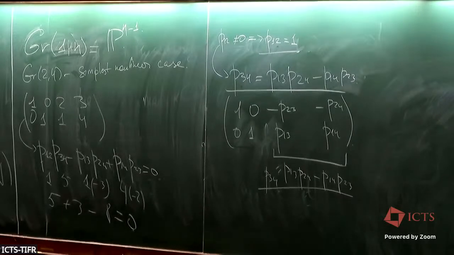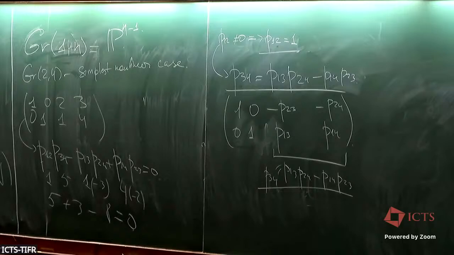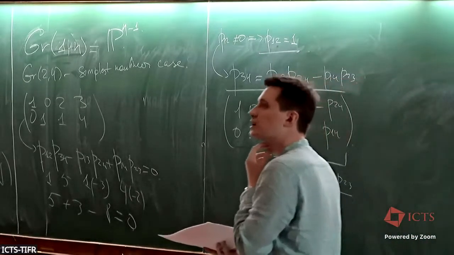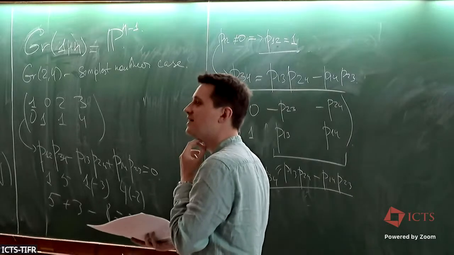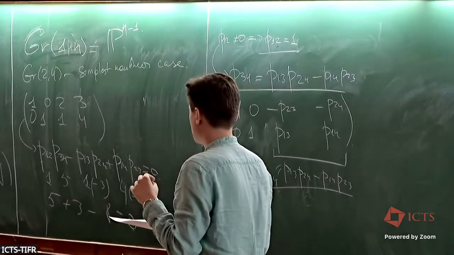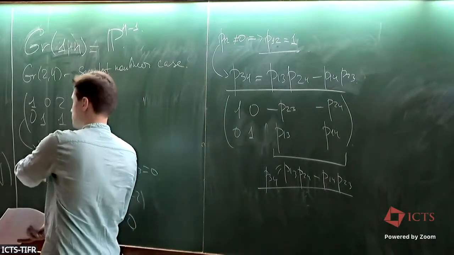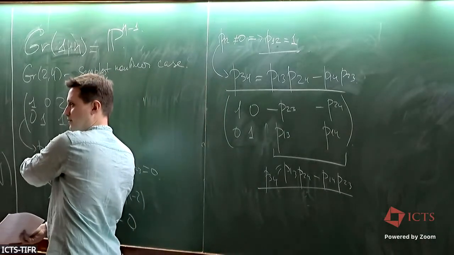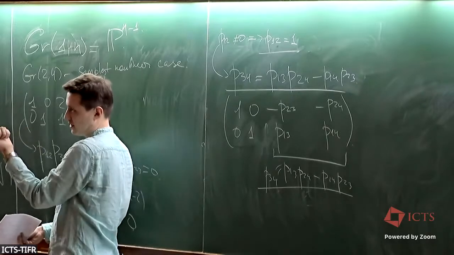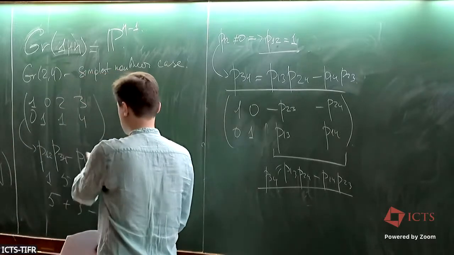Okay, you have 6 variables, but those are projective coordinates, right? So they actually live in P5. So that's how you lose 1, and then you get 1 relation, so you get 4.